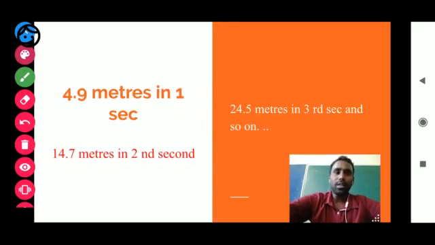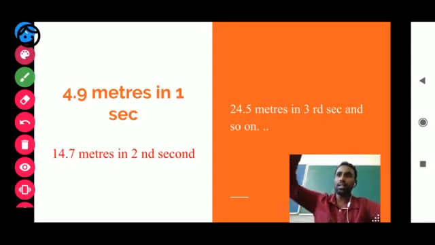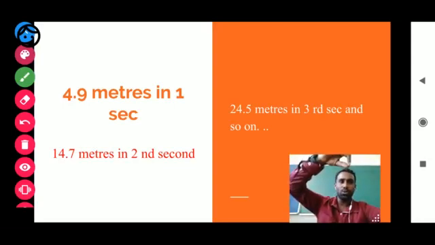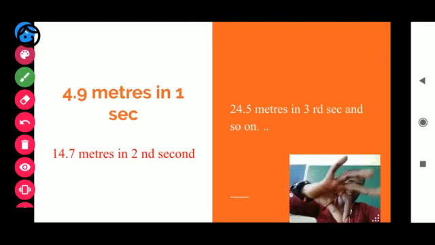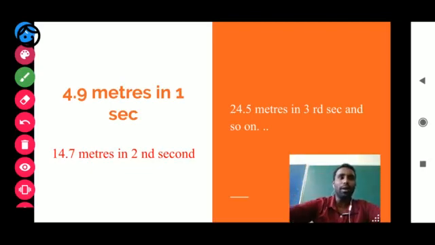For example, if I drop one stone from some height, after the first second it covers 4.9 meters. Next second, it will go 14.7 meters. Next, it will go 24.5 meters in the third second, and so on.